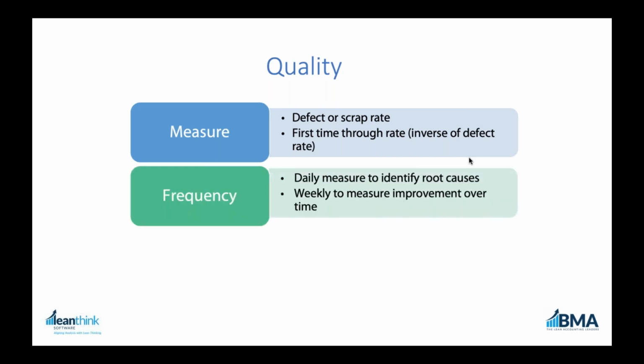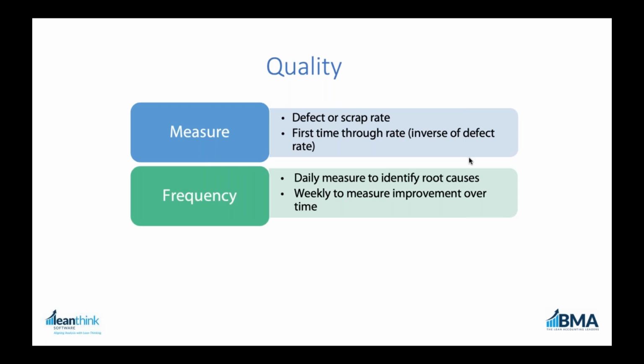It's important to measure quality at a daily level to be able to identify root causes. That's the easiest place in any organization to understand where your quality problems are, is as they occur, because it's simple to understand. It's easier to understand the root cause. And on a weekly basis, you want to look at improvement over time.